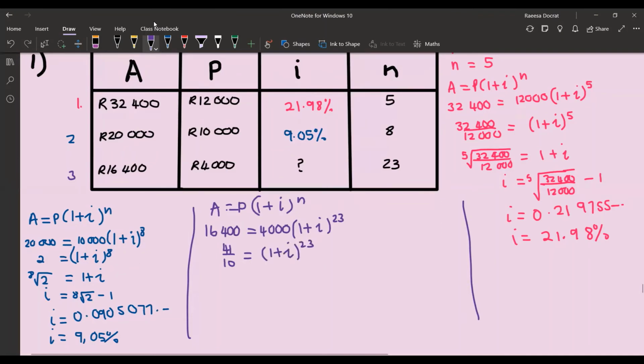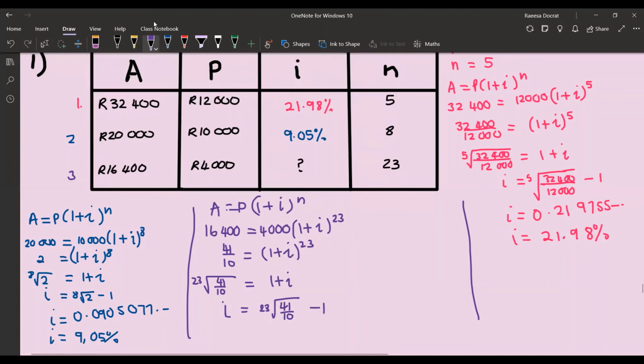Then we're going to take the 23rd root of both sides to get 1 plus I by itself. And then finally we subtract 1. So I is equal to the 23rd root of 41 over 10, or 4.1 if you'd like, minus 1.